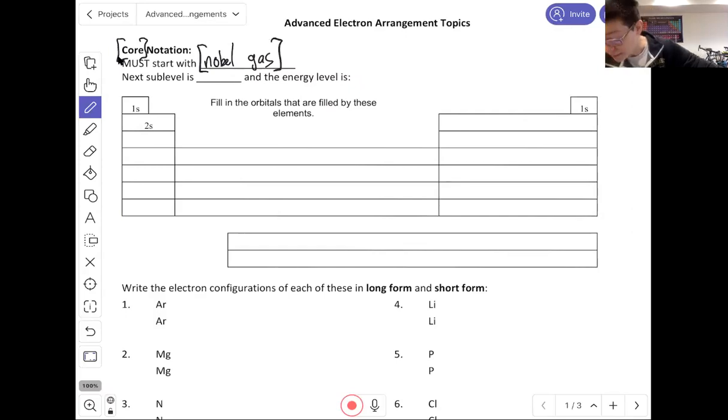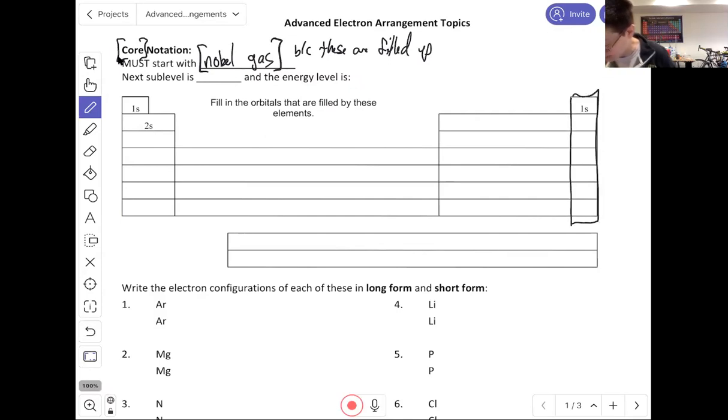The reason why we pick a noble gas is because those are the ones that are all filled up, all right? Because these are filled up, right? So we are talking about these elements, right? That's where you can go. That's what your core configuration can start off with.